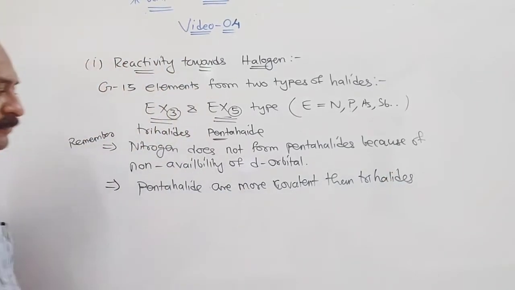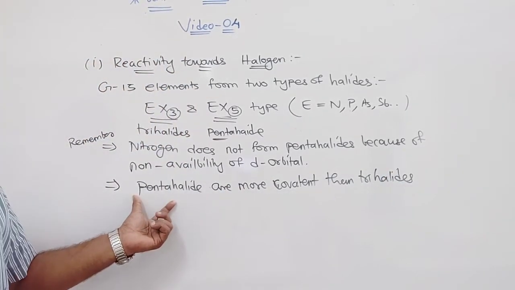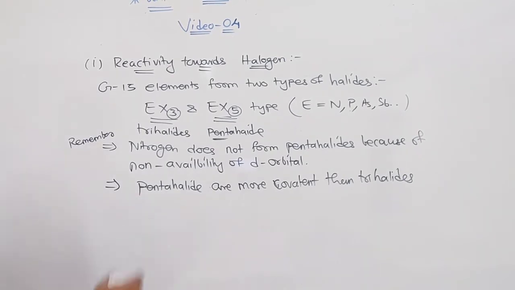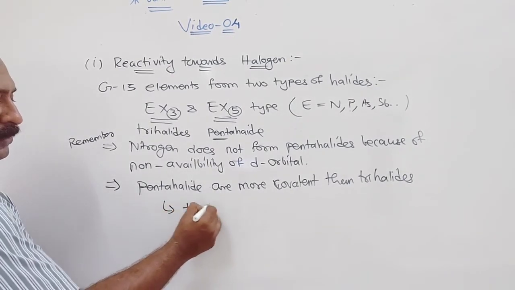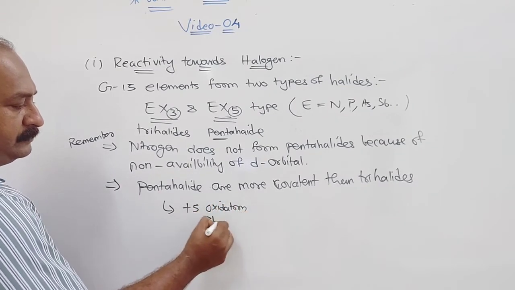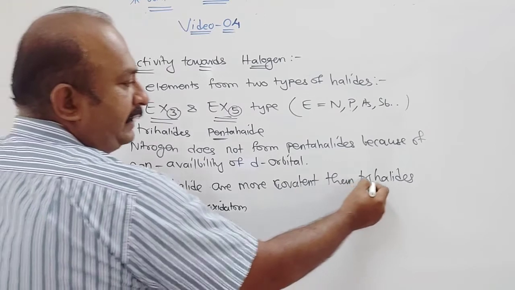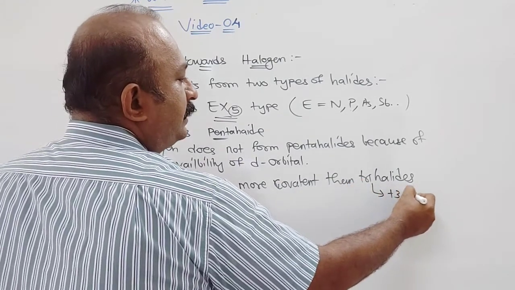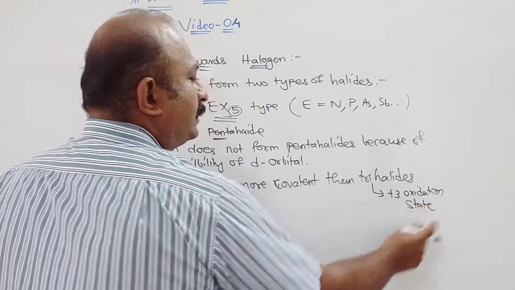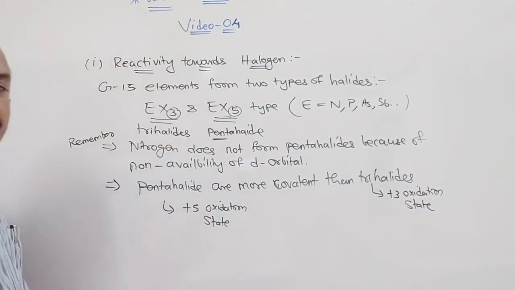Clear? Now what is the reason why pentahalides are more covalent than trihalides? This is due to the fact that pentahalides have +5 oxidation state. Clear? While trihalides have +3 oxidation state. Clear? Now this thing I think you must have heard about.